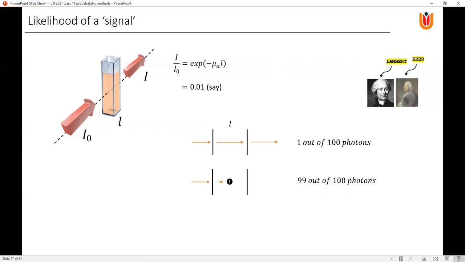That would mean that, if you think of the interaction as particles, scatterers and absorbers interacting, 1 out of 100 photons is transmitted. In this case, that means that 99 out of 100 photons are absorbed.